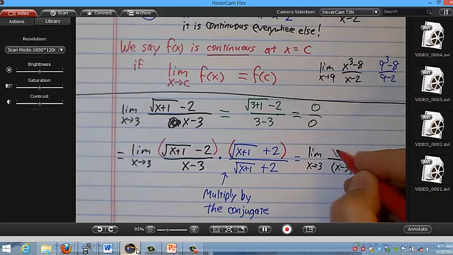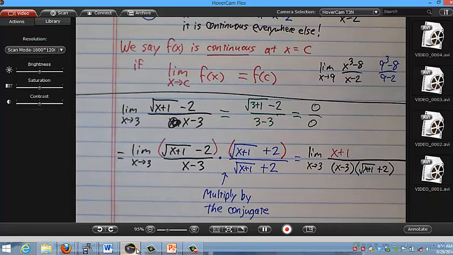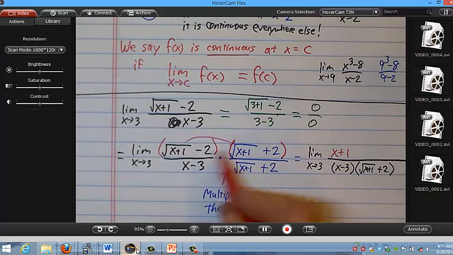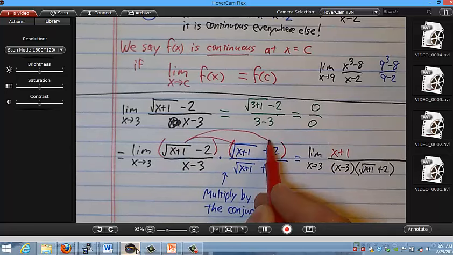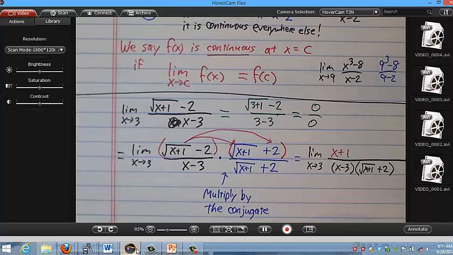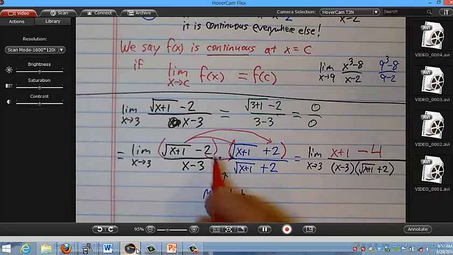So I just get x plus 1. That took care of the first. And now I do the outer, and I get plus 2 square root of x plus 1. But I'm not even going to write it down. Why? Then you're going to get minus 2 square root of x plus 1. That's the idea of conjugates. That's why the radicals go away. And so what's the last thing we have to write down? Minus 4, because negative 2 times positive 2 is negative 4.